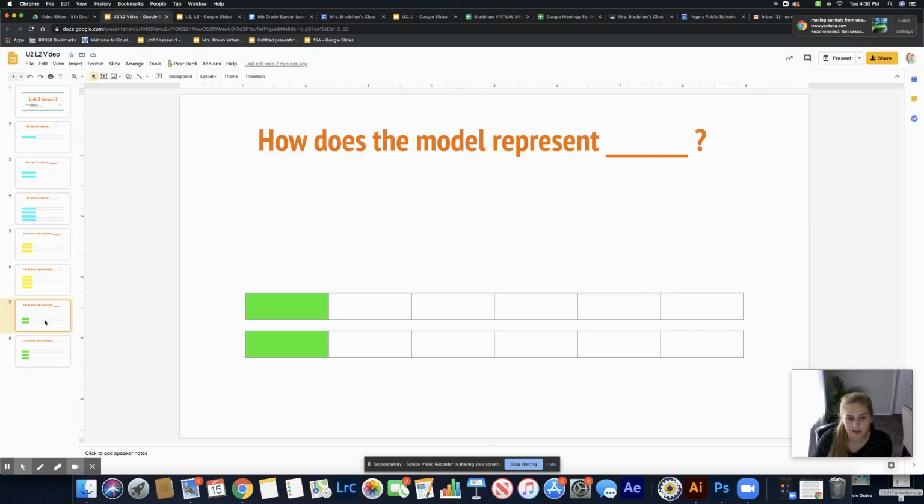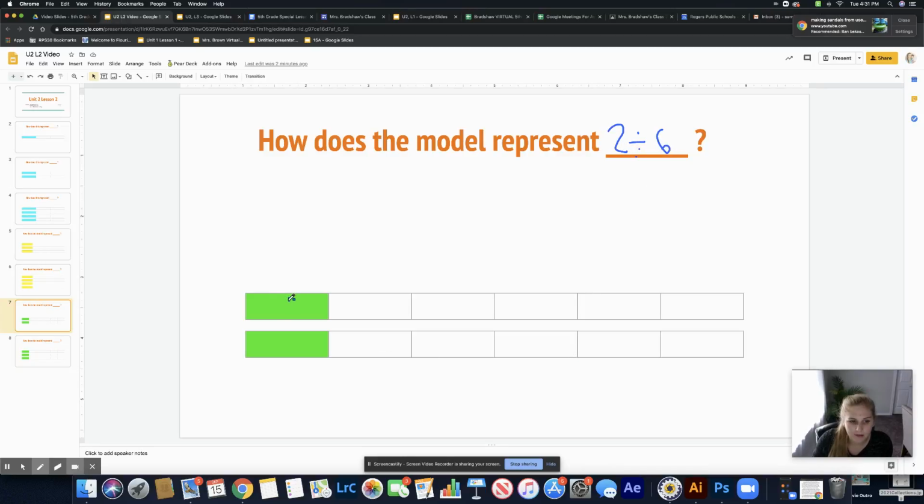Let's try this one. Can you think of an expression that would represent this model? Did you come up with 2 wholes divided by 1, 2, 3, 4, 5, 6 parts? 2 divided by 6.